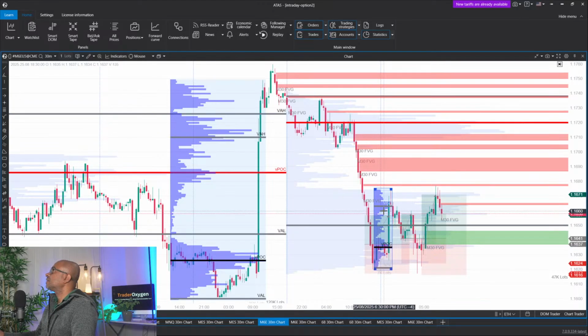You can see the price tagged our entry, and there was some drawdown, but after the drawdown it went and hit our first take profit over here. So overnight it was a winning trade which was not monitored, a quick one-to-one risk to reward trade.